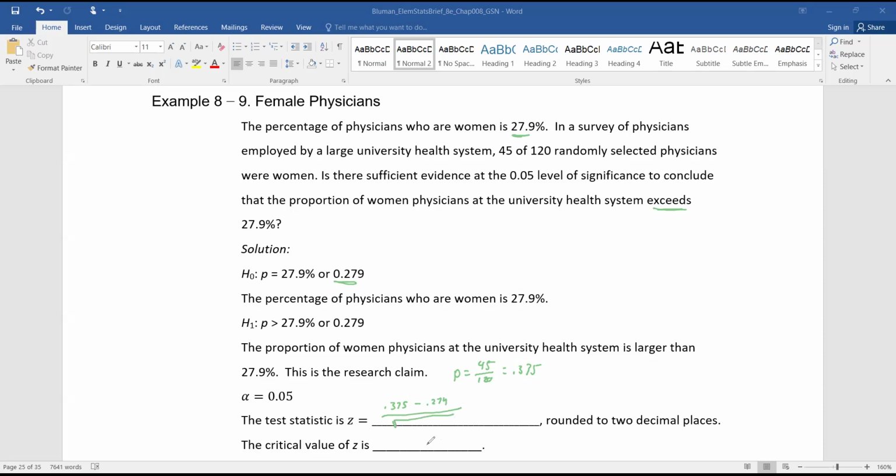Again, you would have to figure out the standard deviation, which is done by taking the square root of NPQ, but we have to divide the numerator and denominator by the n.